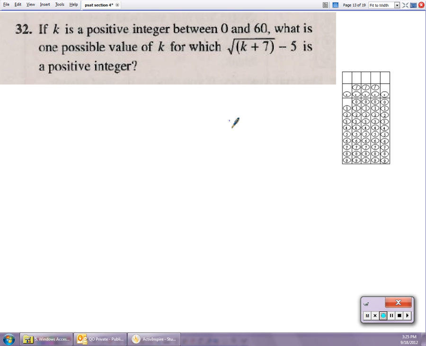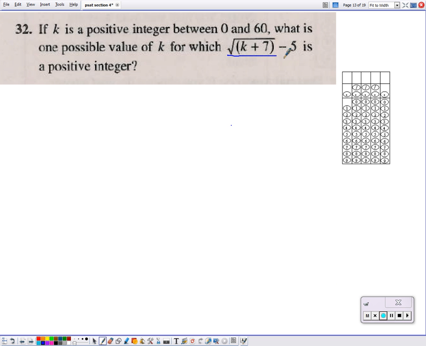Because we want this amount to be positive, whatever comes out of the square root has to be bigger than 5. So we need the square root of this to be bigger than 5, which means we need k plus 7 to be bigger than 5.